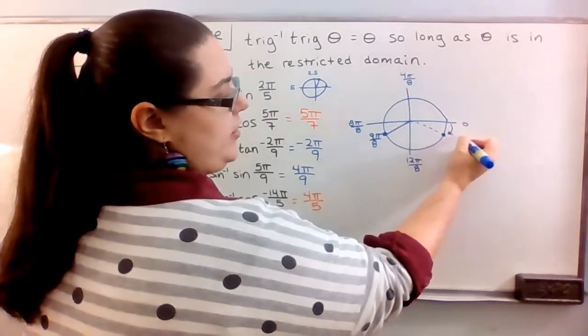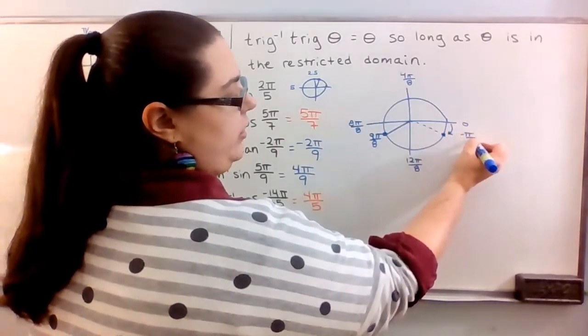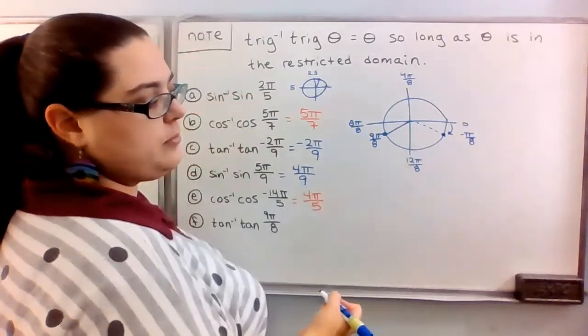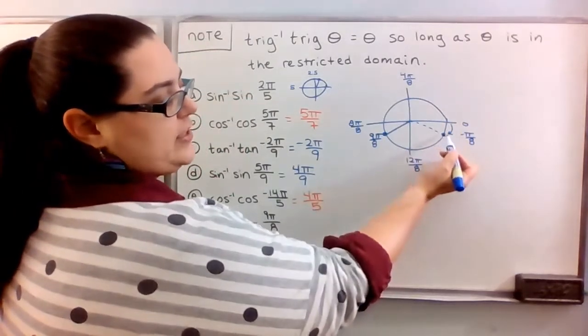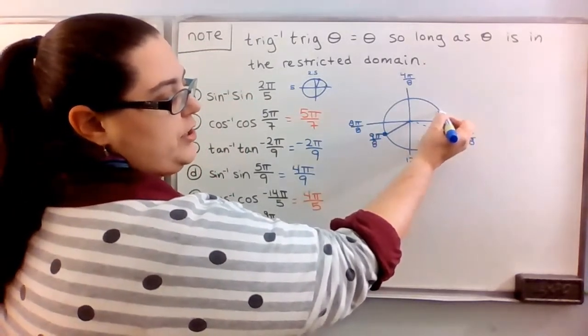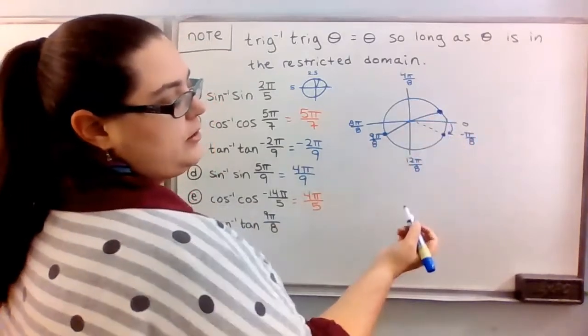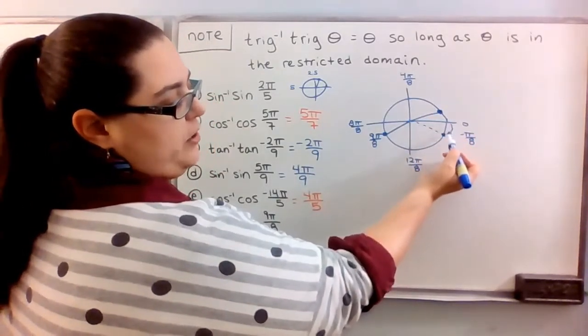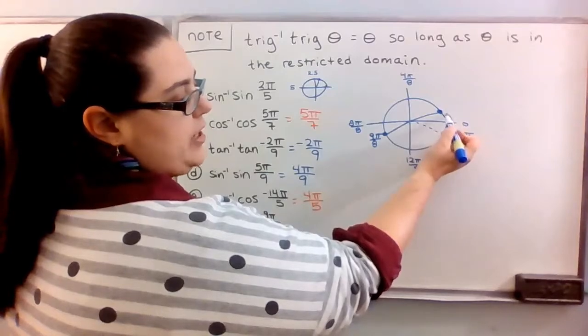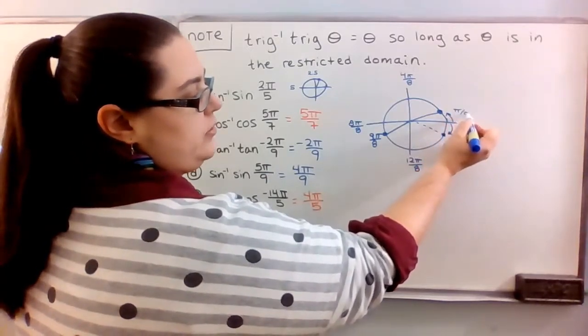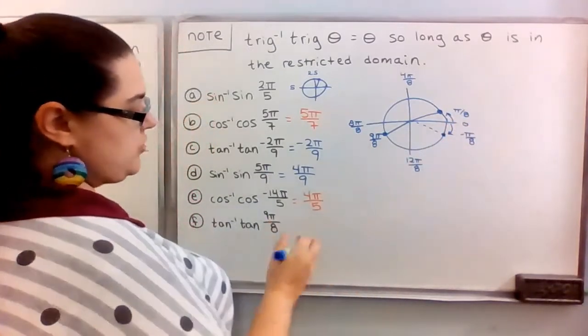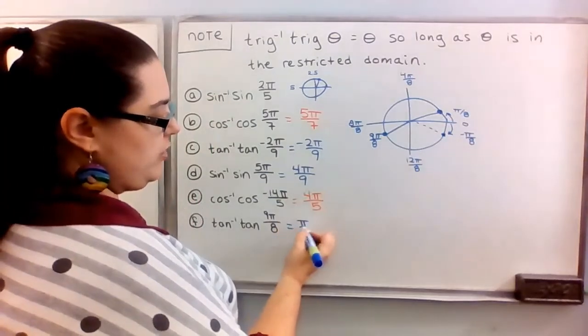So I'm thinking that this is a negative pi over 8. And then I need to reflect that up into the first quadrant here. So because this is negative pi over 8, this is going to be a positive pi over 8. So this is going to give us pi over 8.